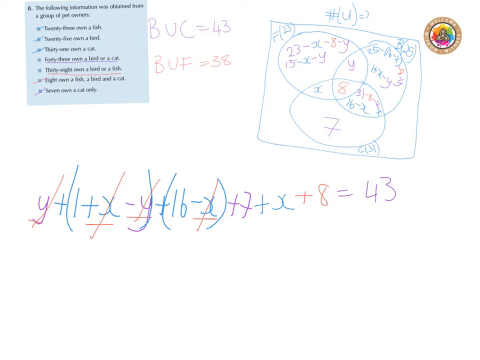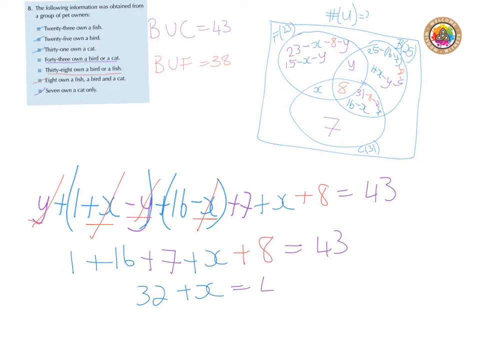So just to rewrite what I have so far: 1, plus 16, plus 7, plus X, plus 8 equals 43. Tidying up those numbers, 1 and 16 is 17, plus 7 is 24, plus 8 is 32. So that leaves me with 32 plus X equal to 43.